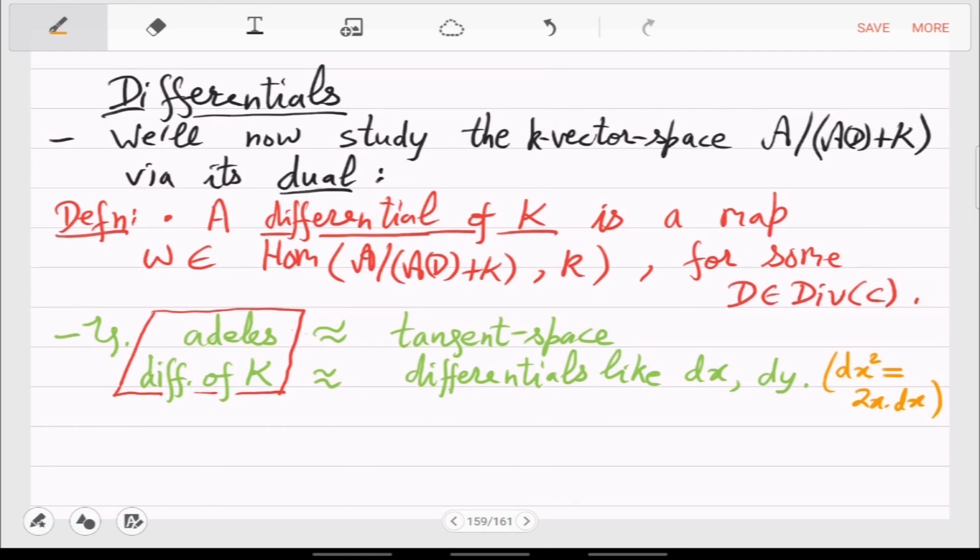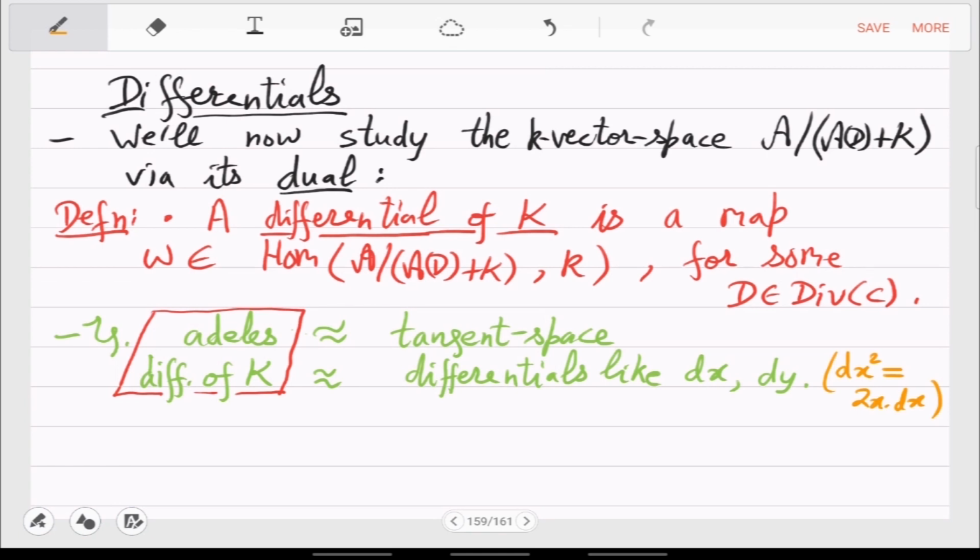But even to begin with a differential, what you want is some linear map on a vector space. So that vector space in our case is this adel thing, and we are looking at homomorphisms of it to the base field. Right, so this must have been the motivation to define it in the times of Roch.